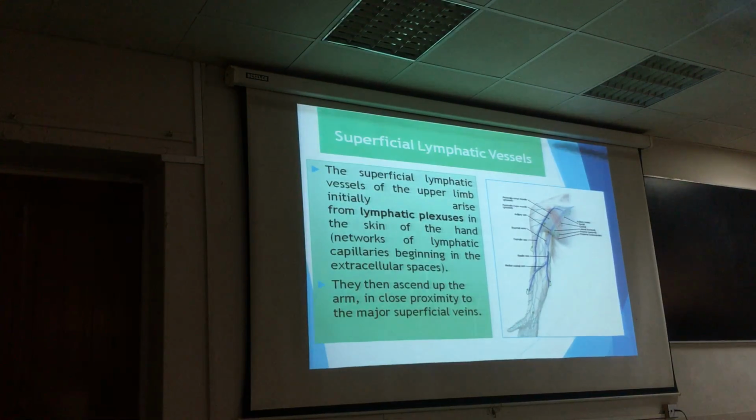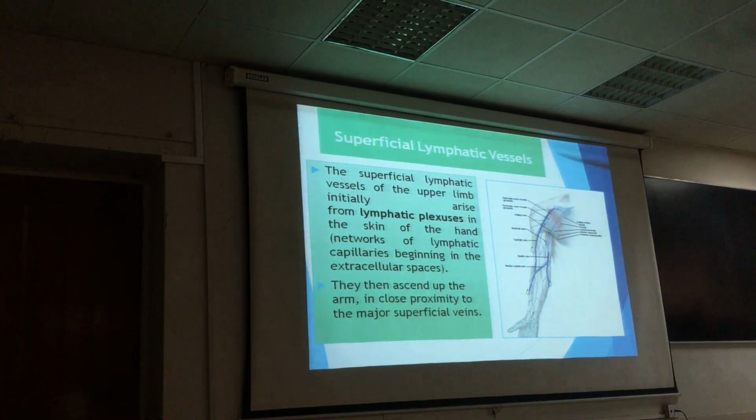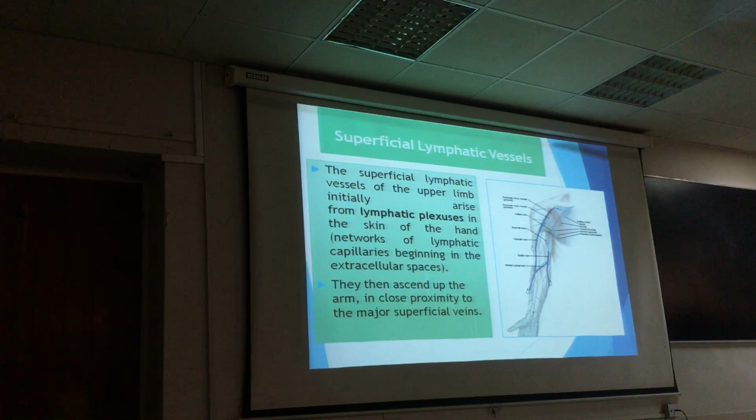How they are formed, we will just look at this limb. If you see this limb, this is the distal part of the limb. And over here, you can see a number of vessels forming like a plexus. These plexus are known as the lymphatic plexus.